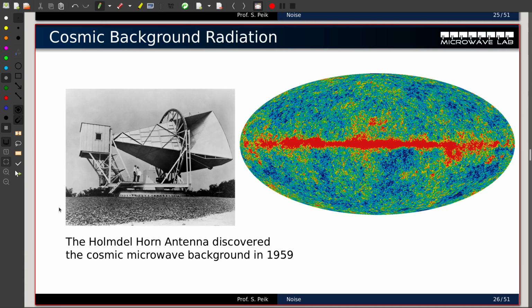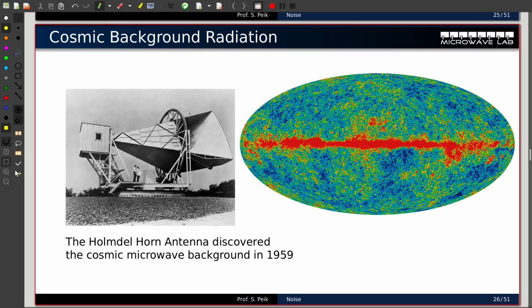That's something that was first observed in the 1950s. Some people built a gigantic horn antenna, as you see on the left side of the figure, the Holmdel horn antenna. And they pointed this antenna at areas where there's no star and nothing, absolutely nothing, total black.